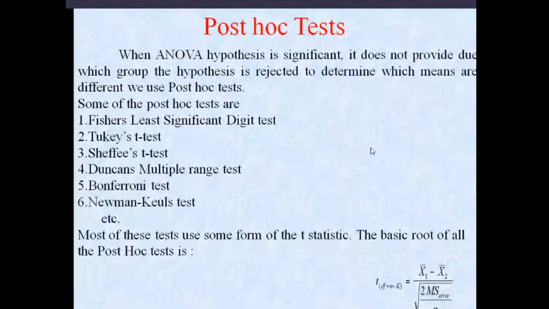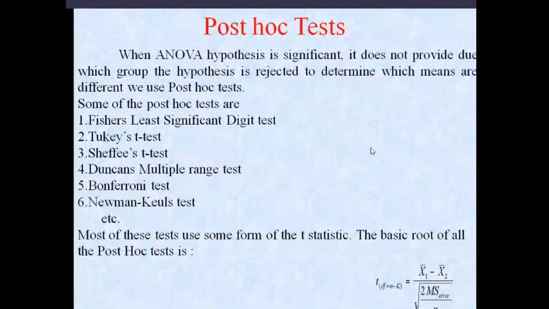Hypothesis rejected means all group means are not equal. That means some group means are equal and some are not equal, let's suppose. Then due to which group the hypothesis is rejected, that I want to know. So that particular part I want to isolate.